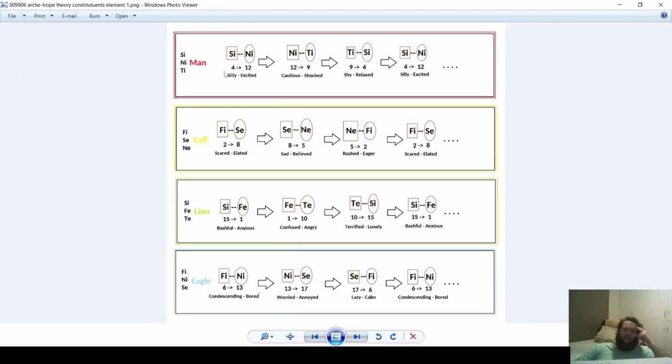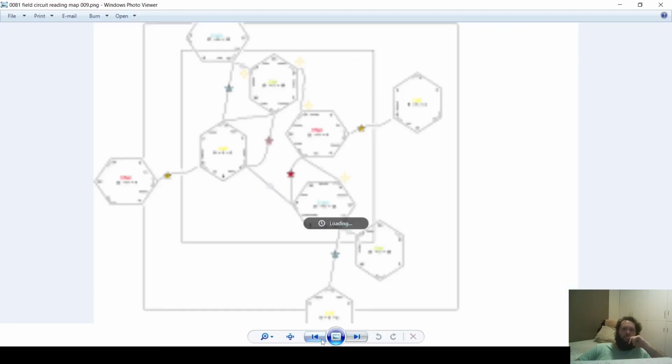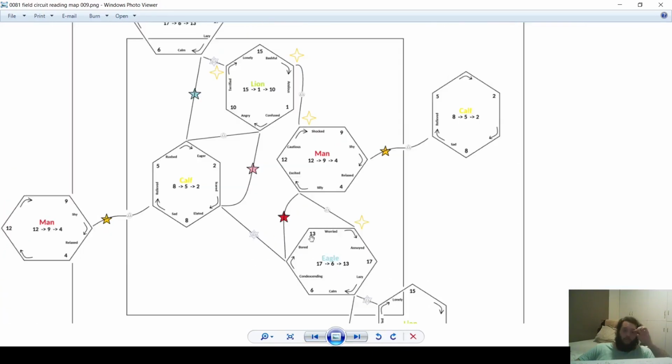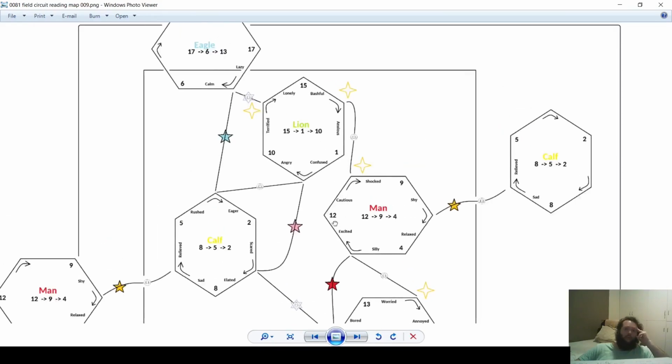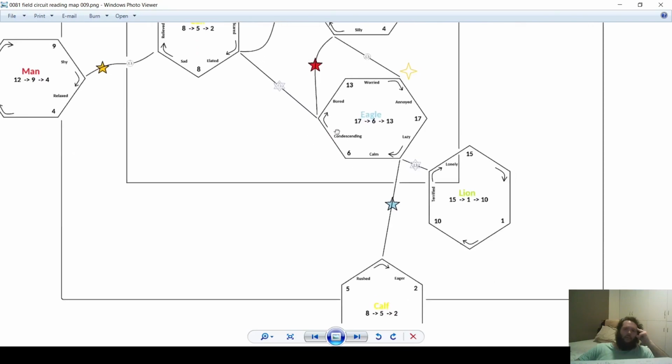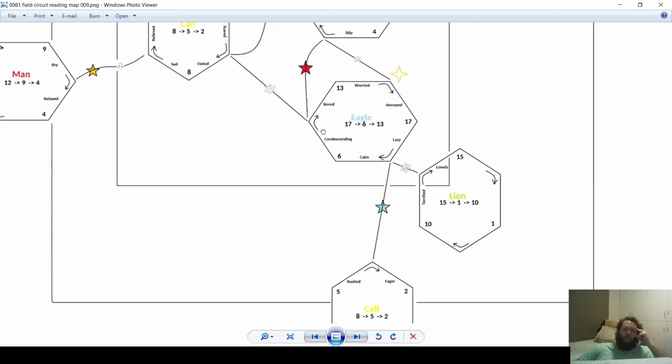And then the complexities are the symbols on top of that. This is what the field circuits look like in terms of how they correspond with one another. Sorry, I'm just kind of previewing this.